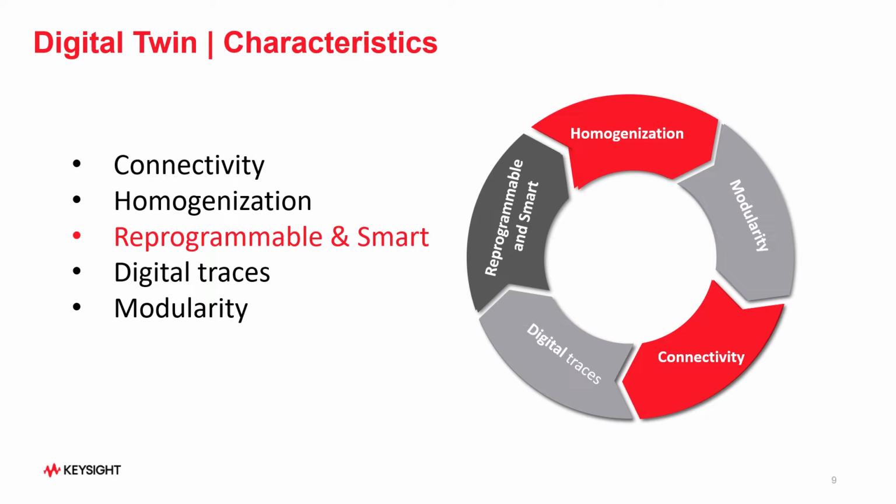The next most important characteristic of digital twins is the reprogrammability and smartness. Specifically, a digital twin can enable a physical product to be reprogrammable in a certain way. Furthermore, the digital twin is also reprogrammable in an automatic manner through the sensors on the physical product, or using artificial intelligence technologies and machine learning, or even predictive analytics.